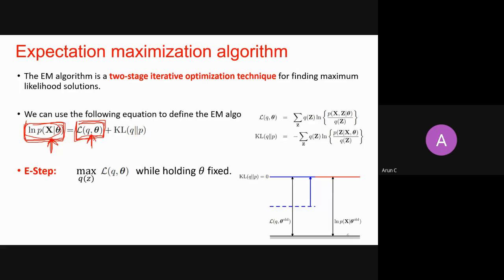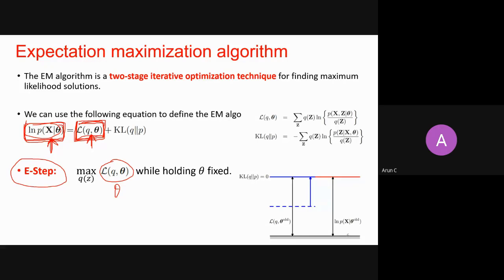So now I just see this lower bound only, and because it is a functional and a function, functional it is for q and function is for theta. What I will do first, I will try to maximize this lower bound with respect to q. So in the E step we will try to maximize this bound with respect to q, and the second step will be the M step, where we will maximize the same thing with respect to theta.